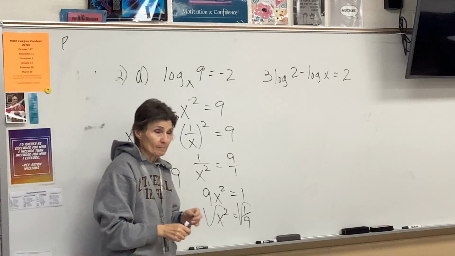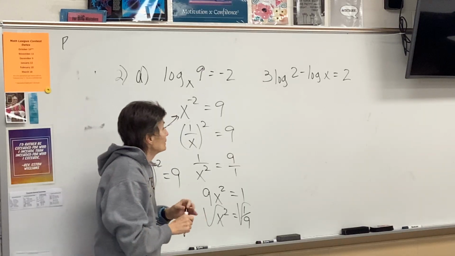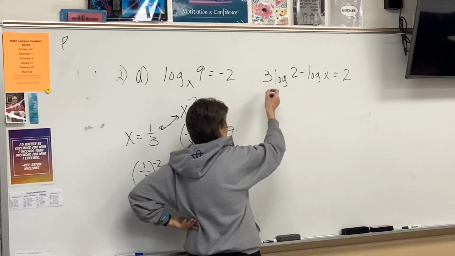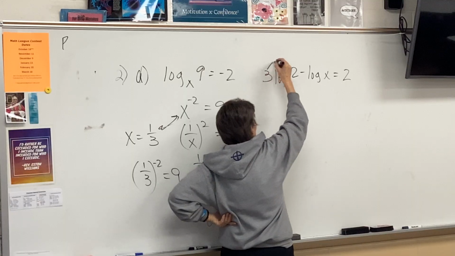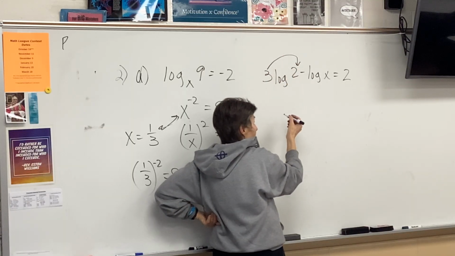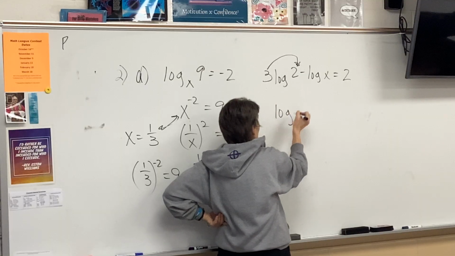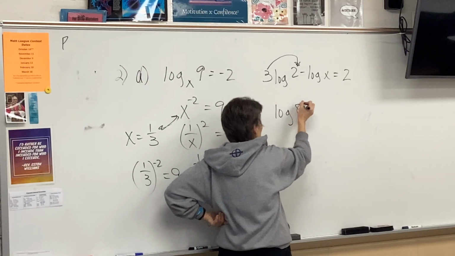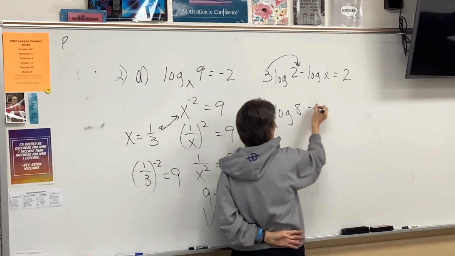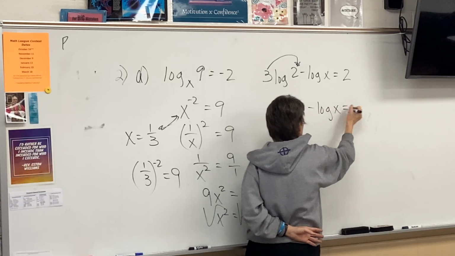Solve the equation. No calculator. First thing you notice is this guy, and you know he is an exponent. So this is the log of 2 cubed, which is 8, minus the log of x equals 2.